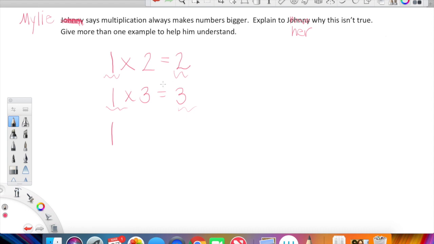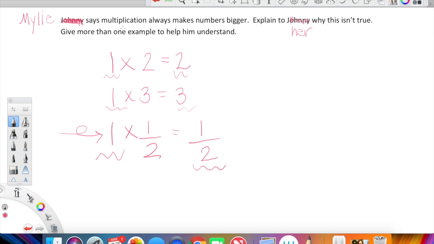Yes, that totally works, but what happens when we multiply by a fraction? Uh-oh. I think this does not work. Well, I mean, it works, but this is a case where multiplication doesn't always make things bigger. 1 times 1 is 1, and we have 2 as the denominator. So our resulting product is actually less than our original number.